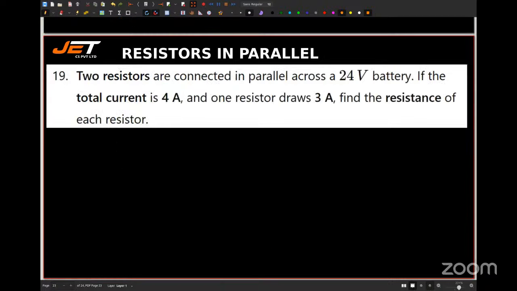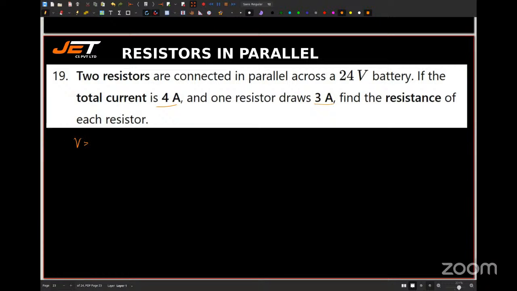Next question. Two resistors are connected in parallel across a 24-volt battery. If total current is 4 amperes and one resistor draws 3 amperes, find the resistance of each resistor. That is what the question is. So two resistors are connected in parallel.